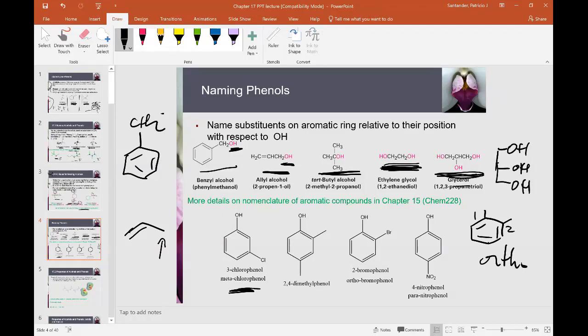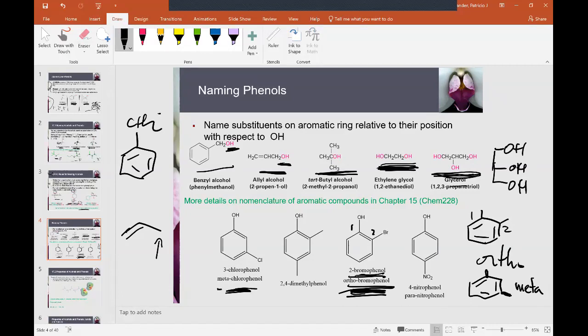Because of that, this compound, which we can call 2-bromophenol, we can also call ortho-bromophenol. A 1,3 relationship, with substitution in position 1 and position 3, we call meta. That's why for the first compound we call that meta-chlorophenol, because the chlorine is in a 1,3 relationship with respect to the OH.